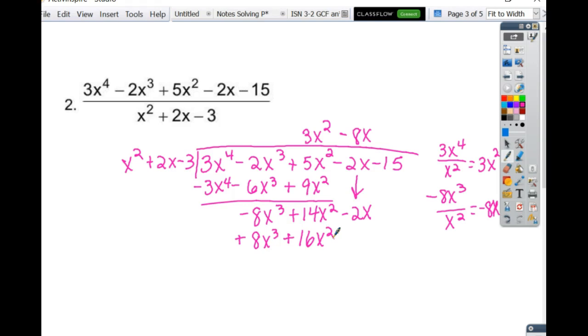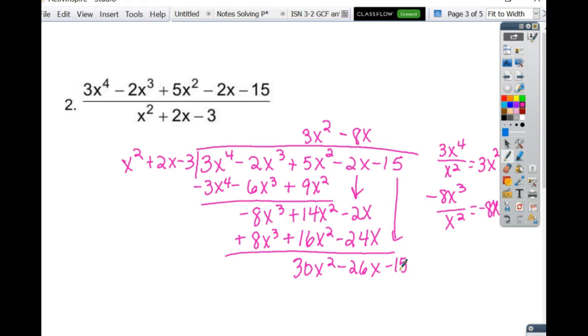So negative 3 times negative 8x gives me a positive 24x, but that has to become negative. So this cancels out. I have 30x squared minus 26x, and I have to bring down the 15.